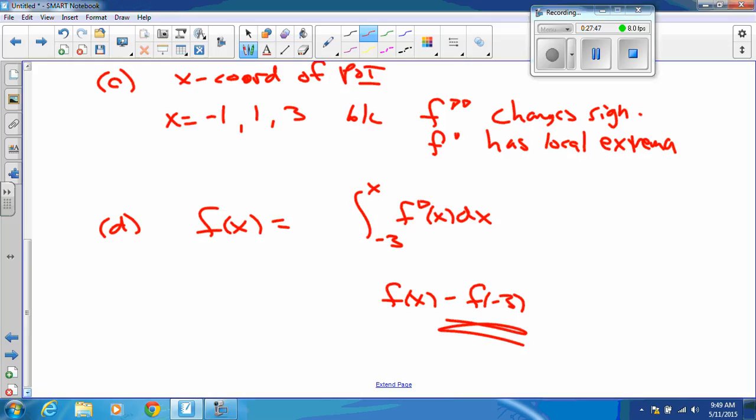What's he missing? We did representations like this frequently. What's your A? What's your B? Also, Andrew, what information have you not used? The f of 1 equals 3.